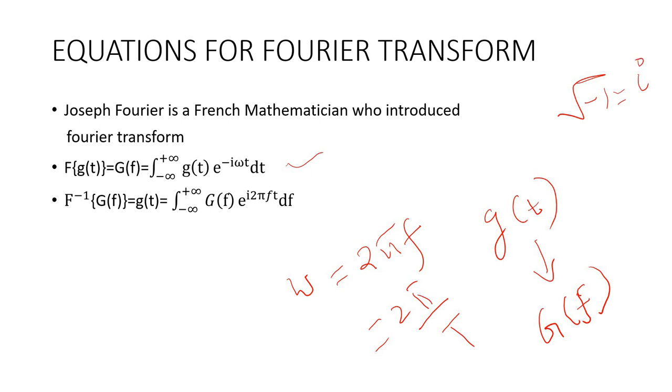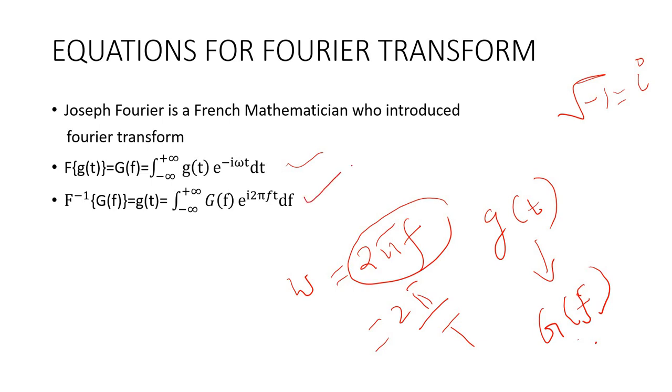To calculate the inverse Fourier transform, the inverse of G of f, again you will get g of t. It is the integral from minus infinity to plus infinity of G of f, then e raised to plus i omega t. We need to write omega as 2 pi f, because it is in the frequency domain: 2 pi f t, then df.